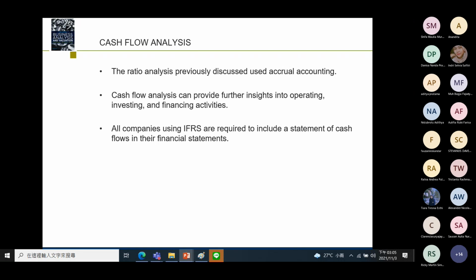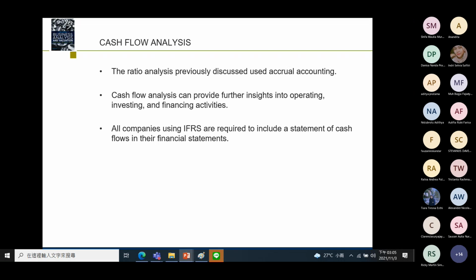Cash flow related to investment activities shows the cash paid for capital expenditure, corporate investment, and acquisitions, and the cash from the sale of non-current assets.